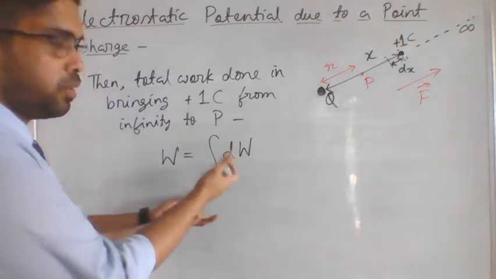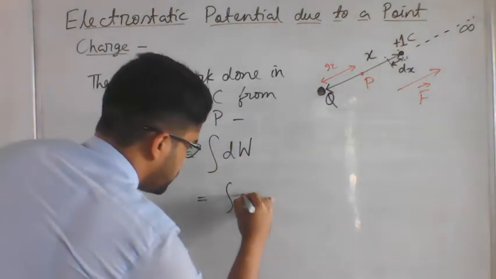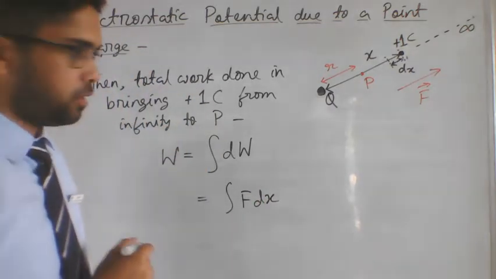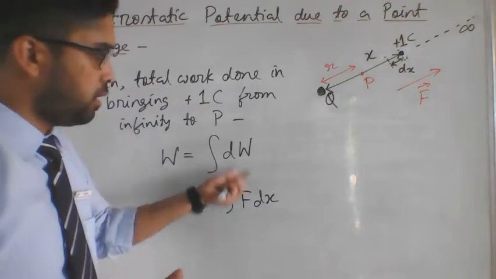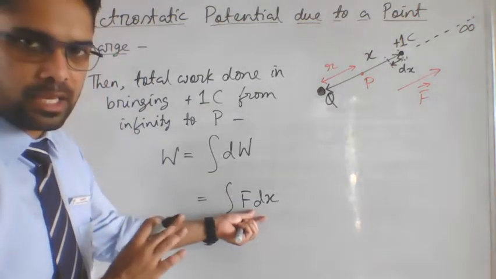For continuous values, we use integration, not summation. So we can write integration of F dx. Alright, so that is how we found dw equal to F dx, and we have already found this equation, right?